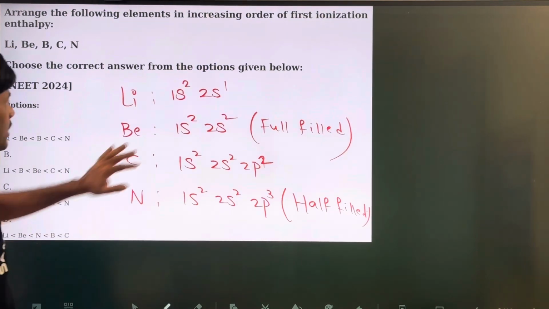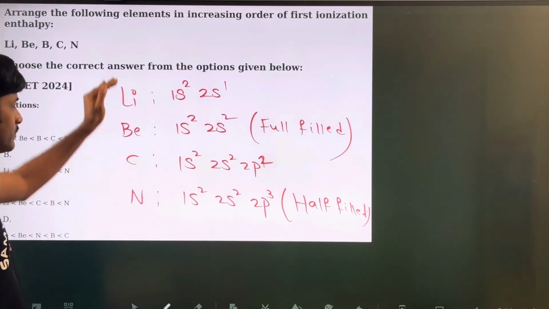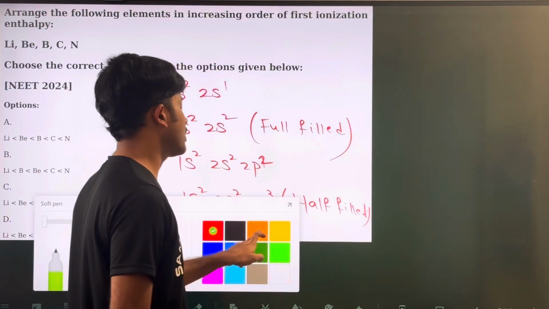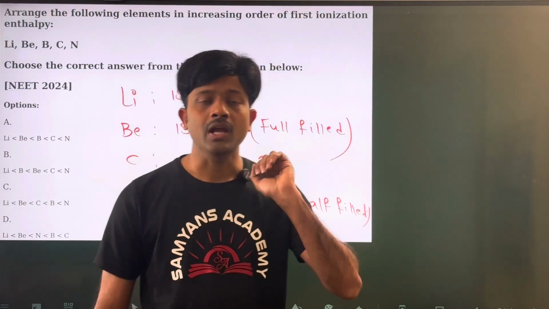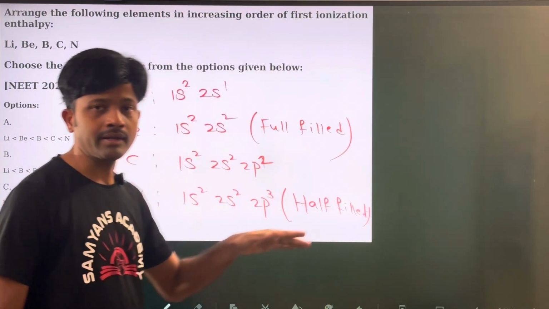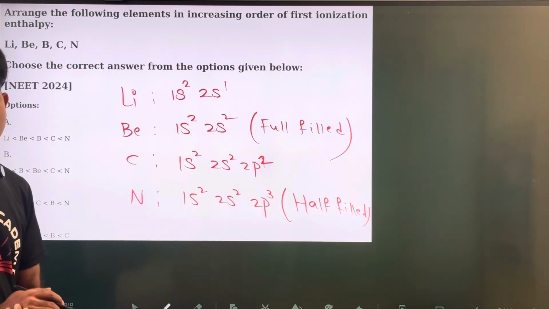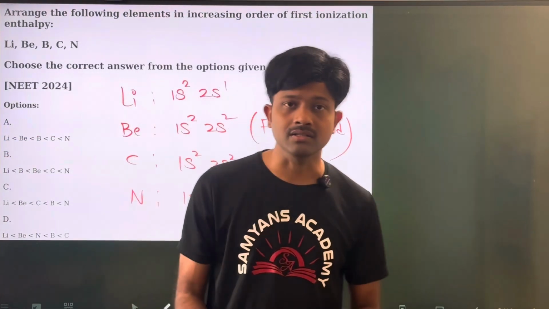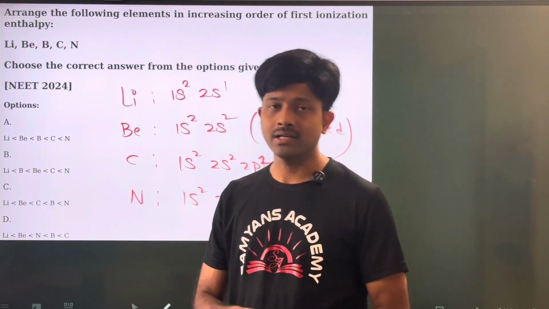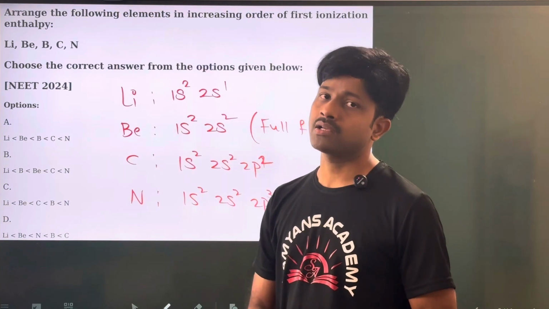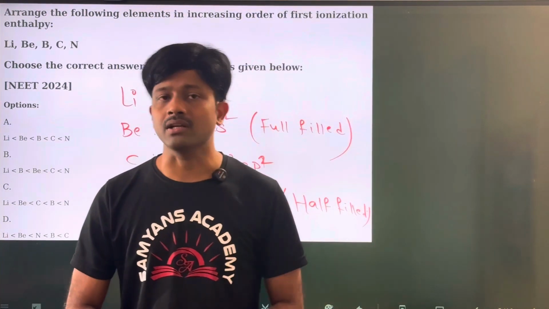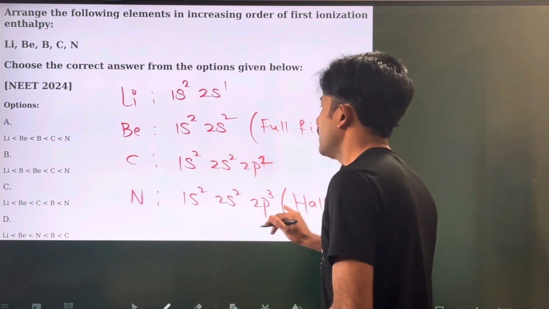Now among all these elements, which one has more ionization energy? Across the period, as you move left to right, the size decreases. If size decreases, ionization energy increases. We need to use more energy to pull the electron from the last shell because the nuclear attraction force on the last electron increases.